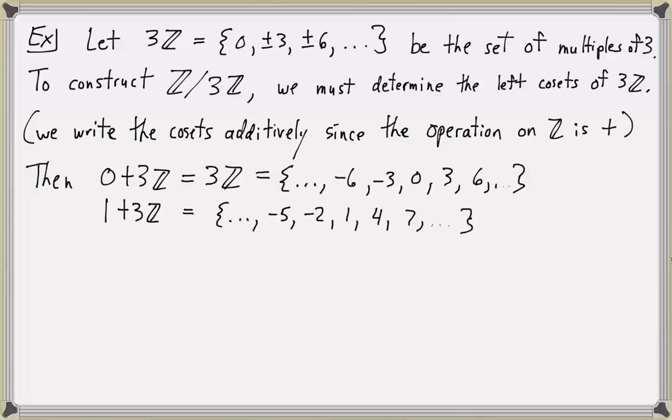If I add 2 to every element in 3Z, we get the set of integers that are 2 more than a multiple of 3. So that would be like -4, -1, 2, 5, 8, and so on. And we see if you add any other integer to the set 3Z, you're going to end up with one of these 3 cosets. So these are the only left cosets of 3Z in the integers.